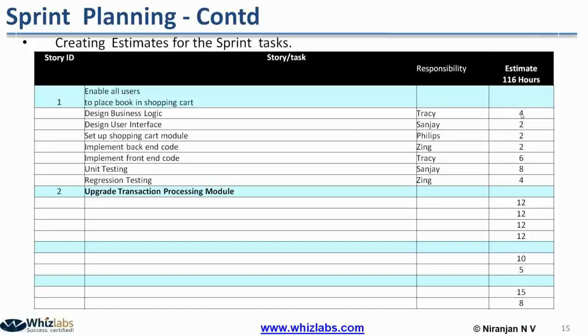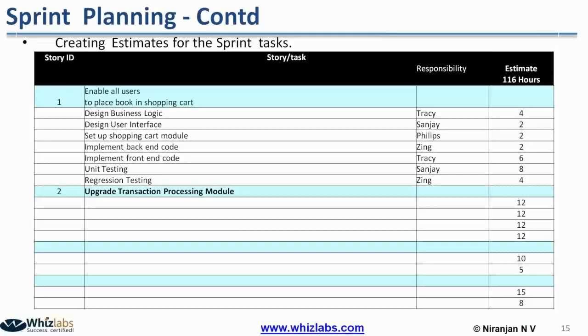When estimation of all the tasks is done, if you add the estimates of each of these tasks, you will get the total effort needed to complete this product backlog item. In this case, 4 plus 2 is 6, plus 2 is 8, 10, 16, 24, plus 4 is 28.